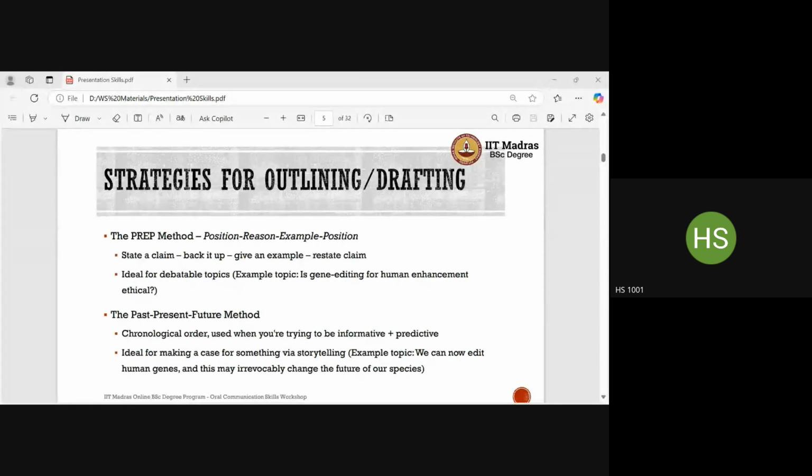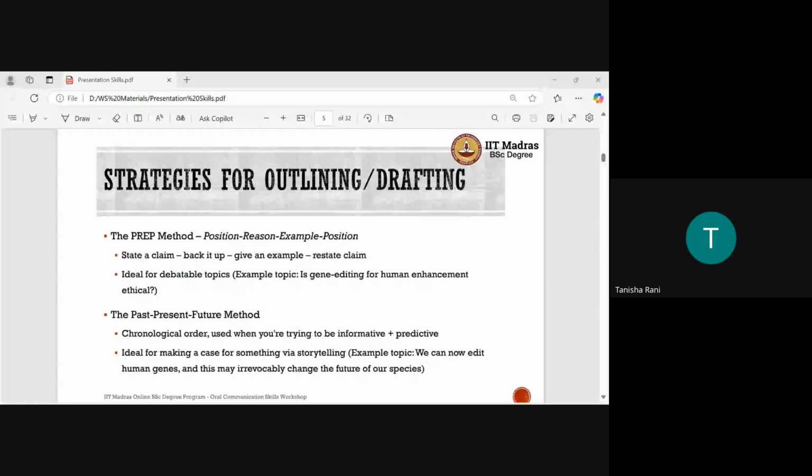Both sides can offer examples justifying their stance. And both sides can also conclude by reaffirming their position with regard to this particular topic. Is that clear to everybody?